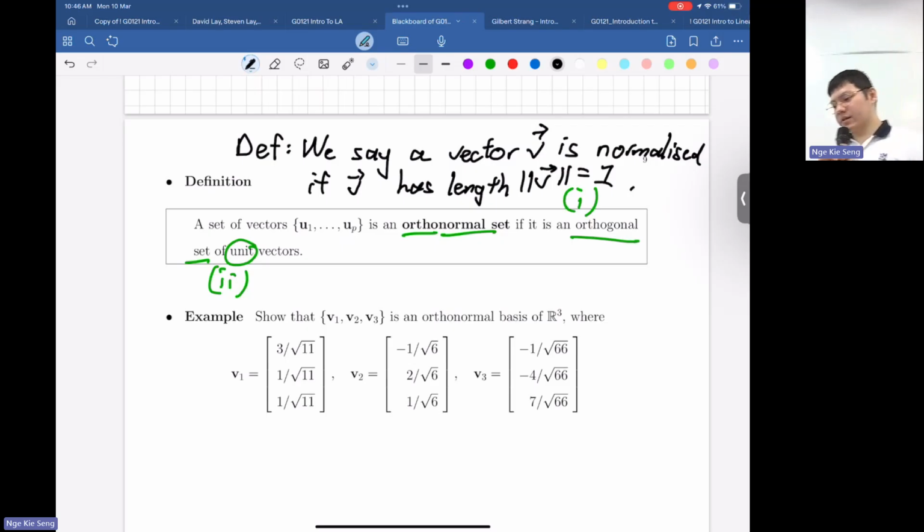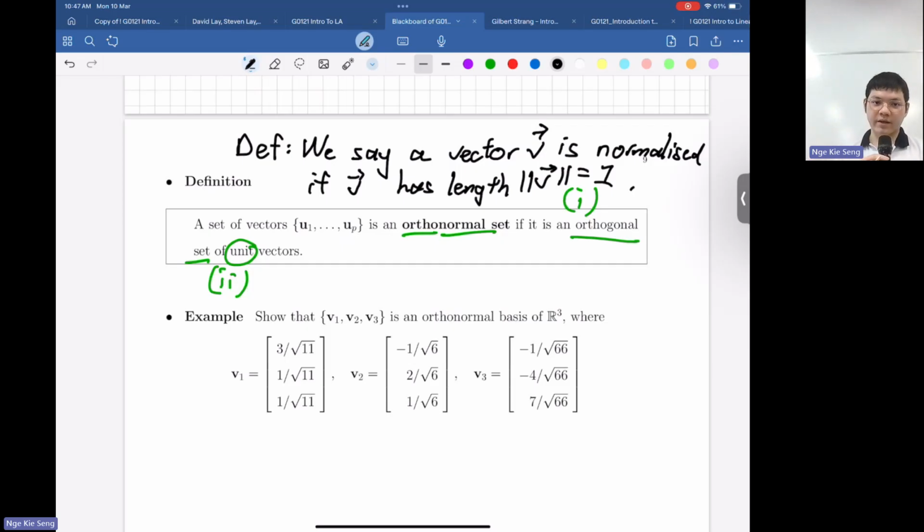So orthonormal means your set of vectors is orthogonal, and also all of them have length 1. Okay, let's do this check and then we will have a break. Show that V1, V2, V3 is an orthonormal basis of R3.